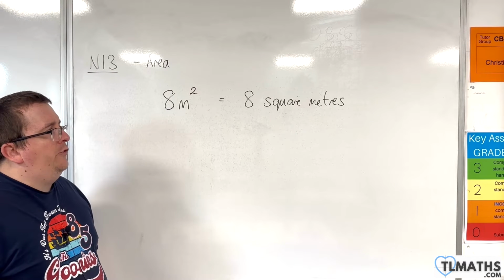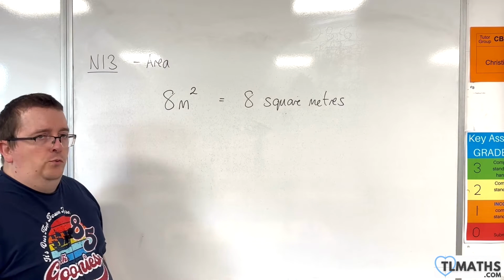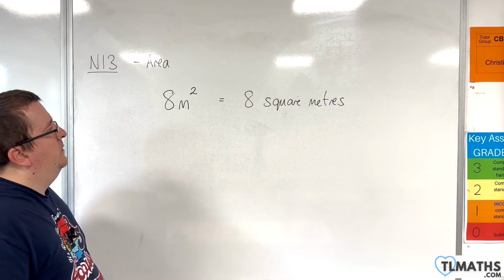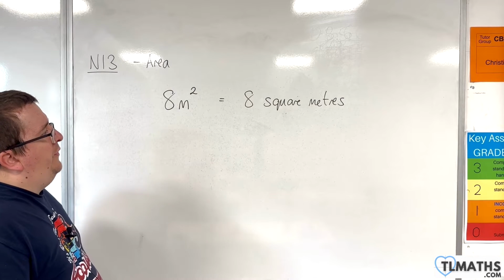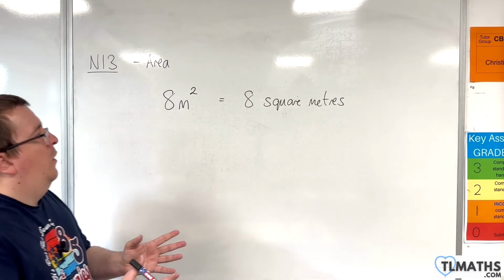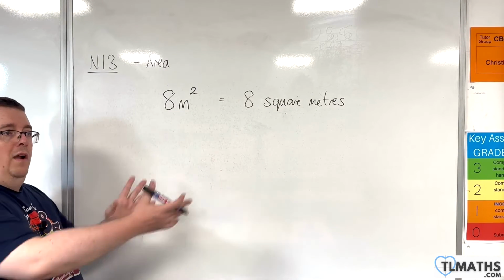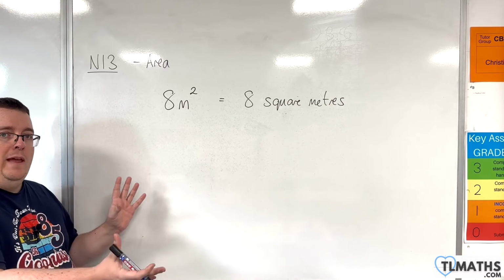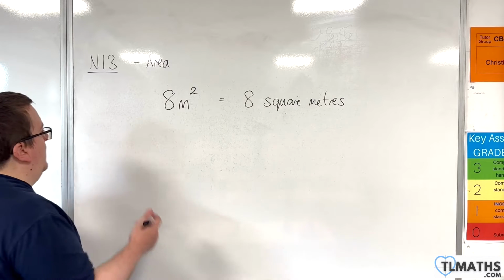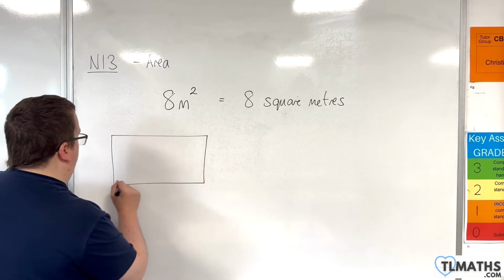Unfortunately, 8 square meters and 8 meters squared have two subtle meanings, and they are different. So what we're saying here is we have an area of 8 square meters. So if you had 8 1 meter by 1 meter squares, that is the area that you are considering, right? And you could space that out into whatever way you wanted.